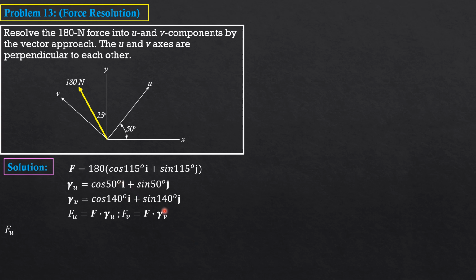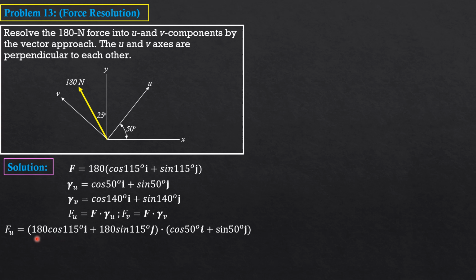So substitute: Fu equals quantity 180 cosine 115 degrees I plus 180 sine 115 degrees J dot cosine 50 degrees I plus sine 50 degrees J. Remember that I dot I is 1, while I dot J is 0, and J dot I is also 0.